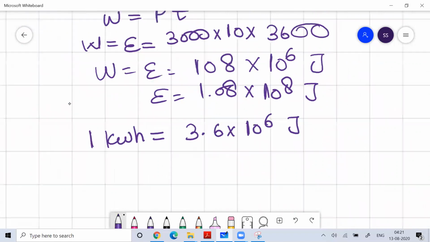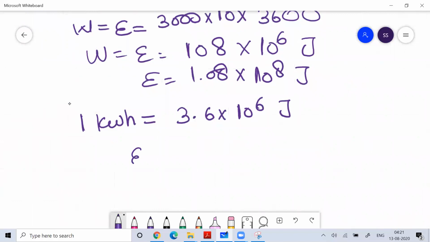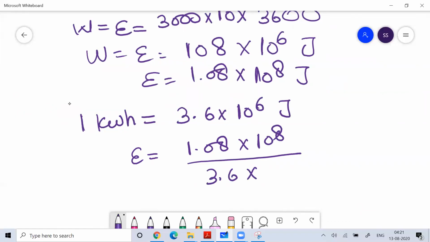So this would be equal to 1.08 into 10 to the power 8 divided by 3.6 into 10 to the power 6.